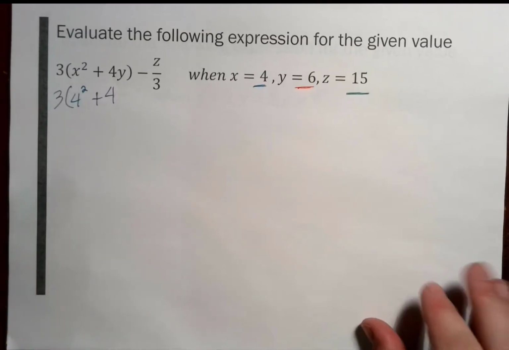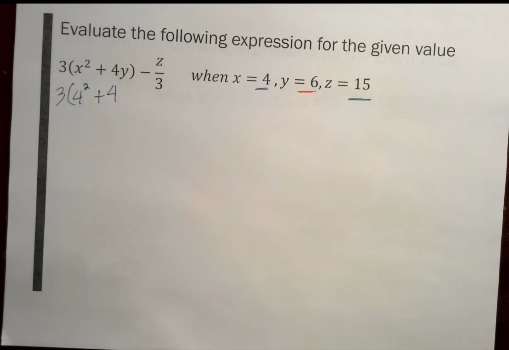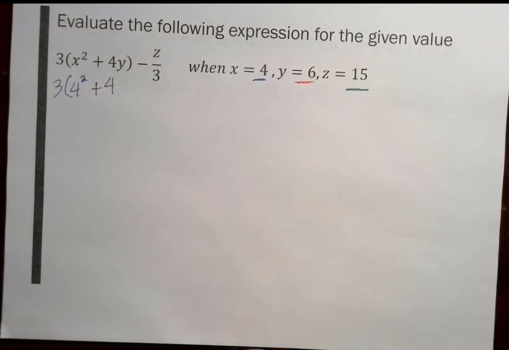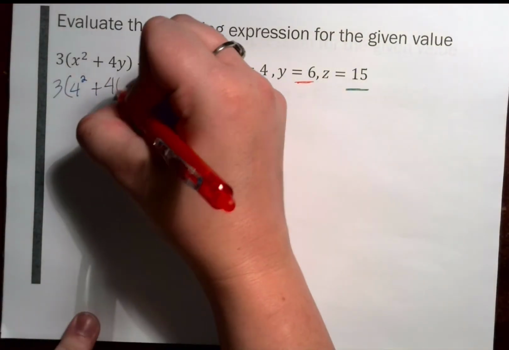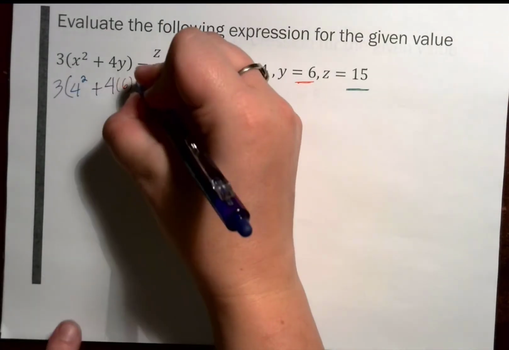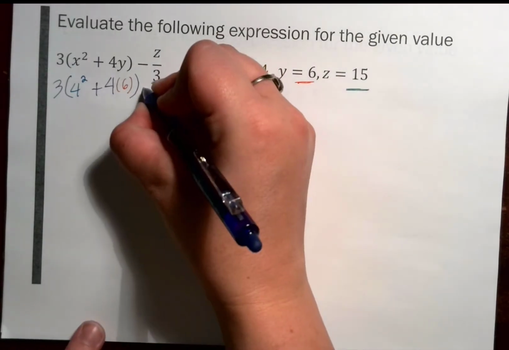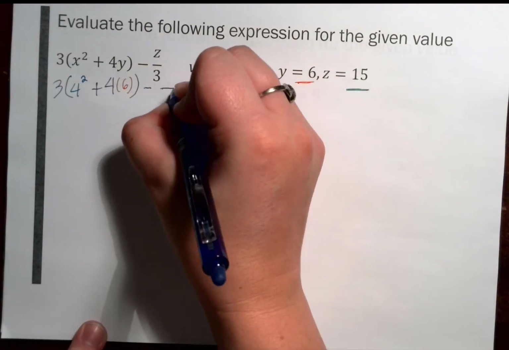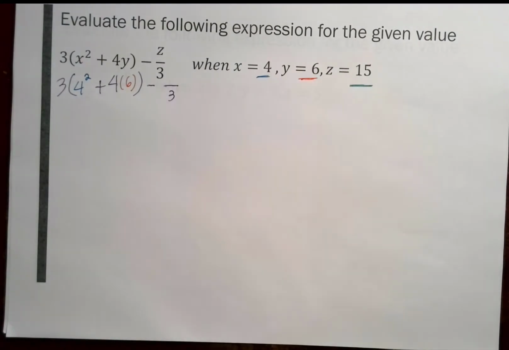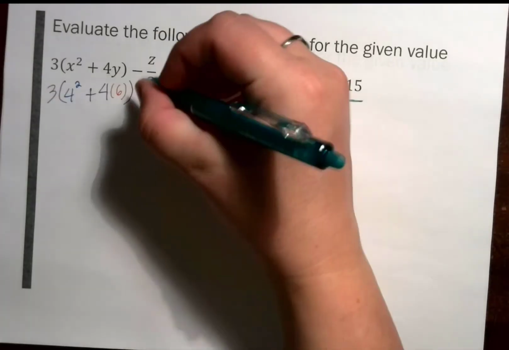Okay, plus 4 times, what is my y? 6. Minus, okay, our z divided by 3, so z is 15.